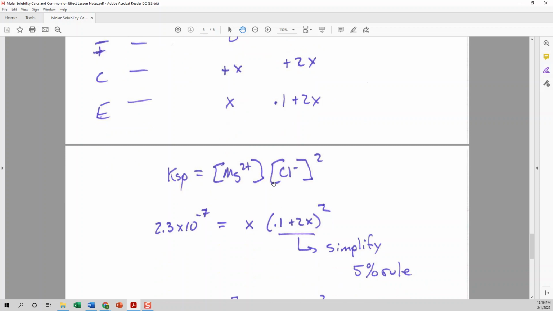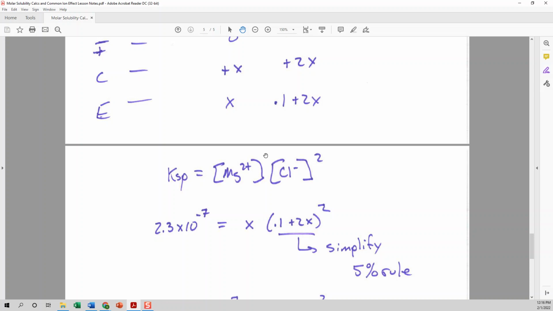So we say X times (0.1 plus 2X) squared, all right? Now what you're saying is, if I want to solve for that, we're probably going to have to graph to solve for X there. And I know what you're saying, you're never going to have to graph to solve for X. And that's true, because we're going to make a simplification.